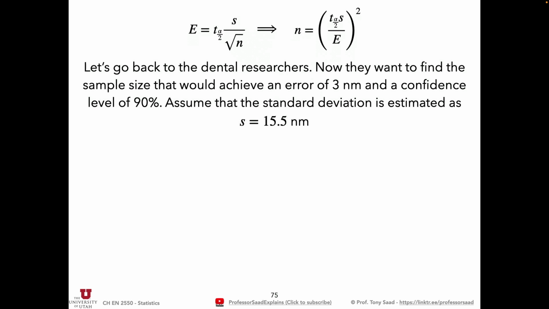So what your colleague is saying: we're trying to compute n, but the value of t depends on n. Stats.t.ppf, you give it the area to the left, comma, df, degrees of freedom, which is n minus 1. But you're trying to find n, and you need n to get t.